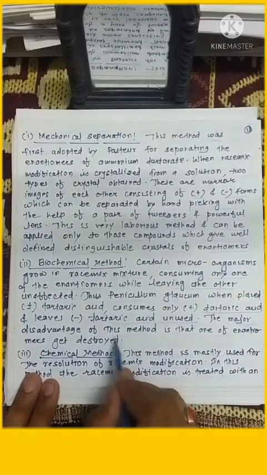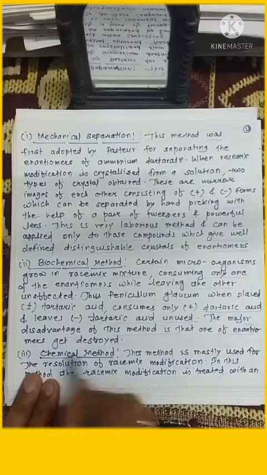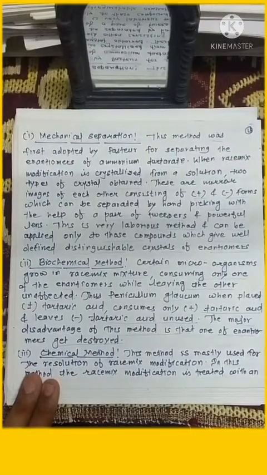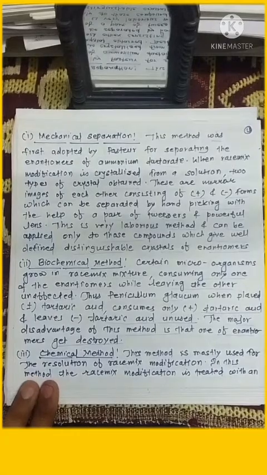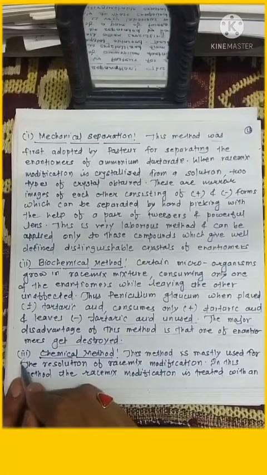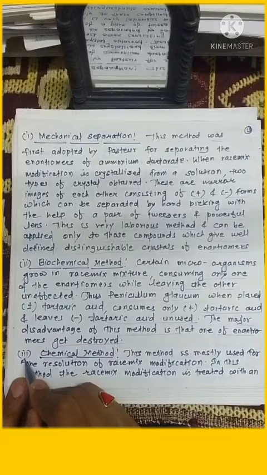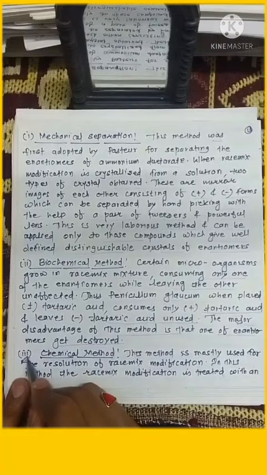The major disadvantage of this method is that one of the enantiomers gets destroyed because it is eaten by the microorganism. Third one is the chemical method, which is the important method which is generally asked in the exam.